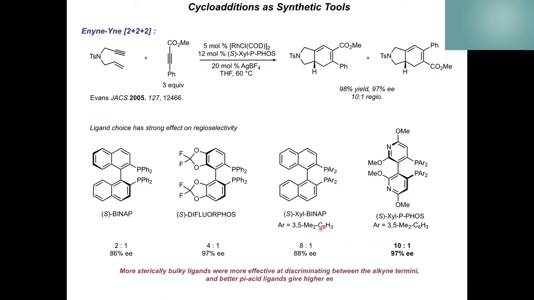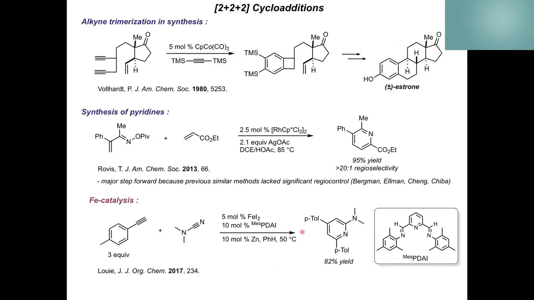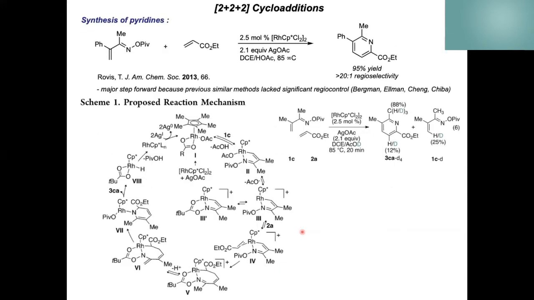Can I ask about the Rhodium example? Sure. Yeah, why is that called 2+2+2 and not 4+2? That's an excellent example. And you're right, I think I should probably put this in the 4+2 because of that conjugation here.